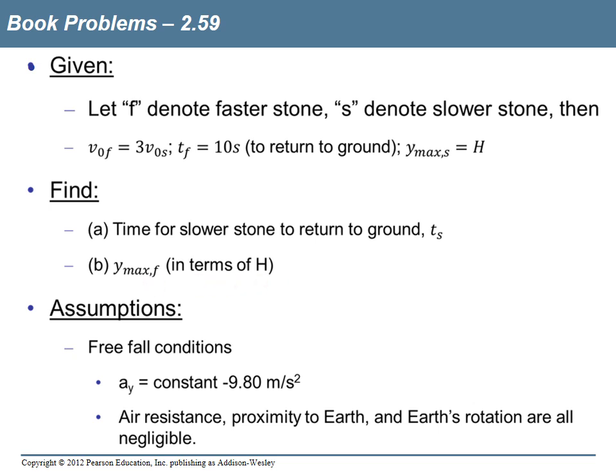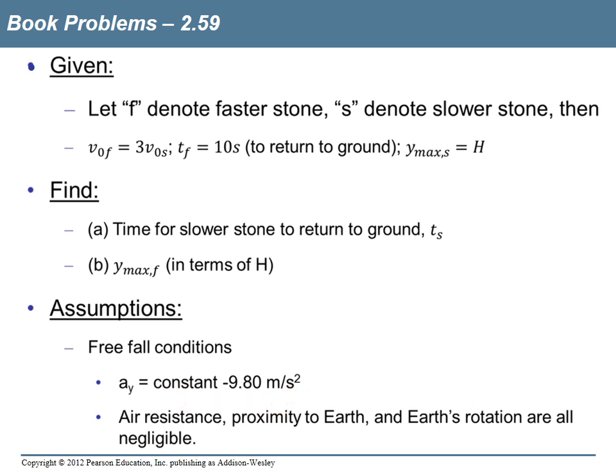Again, it's important to note the assumptions that we have to make in order to make this true. So, free fall conditions. I wrote this one a little bit differently than the last one, because free fall conditions encompasses several things. Acceleration in the y direction is a constant negative 9.8 meters per second squared. This is just the acceleration due to gravity on Earth.